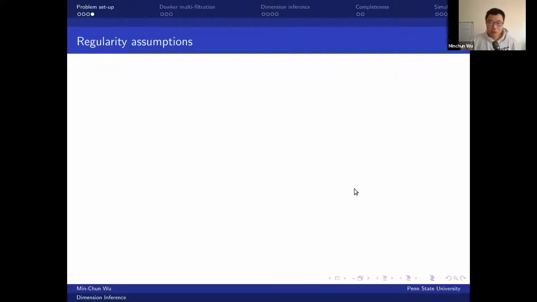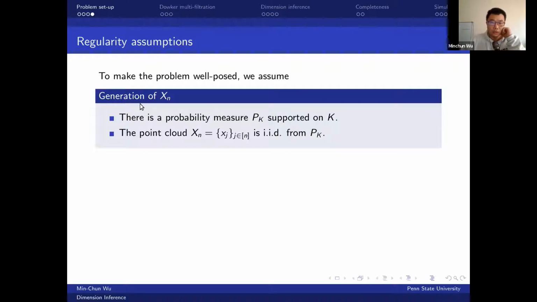And in order to make the problem regular, we make some regularity assumptions on the framework that I just described. The first thing is how the samples are generated.